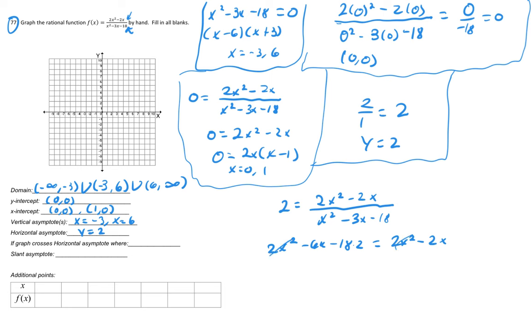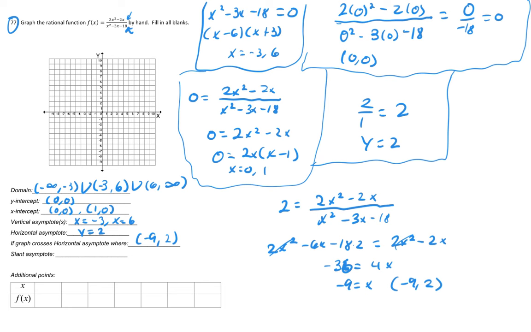So that's going to cancel with that. We're going to get negative 32 is equal to 4x. That'll be negative 36, my apologies. And then we'll get negative 9 is equal to x, or the ordered pair will be negative 9, 2. So that occurs at negative 9, 2.